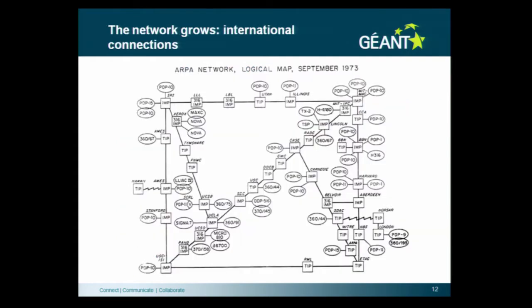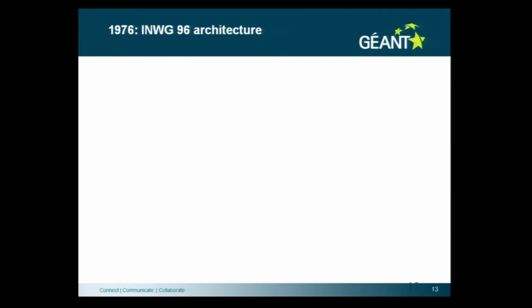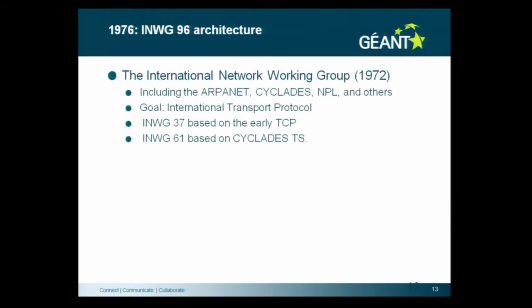So the network grew, had international connections, and in 1972 they started a group called INWG, with people from ARPANET, from Cyclades in France, and from the National Physical Laboratory in the UK. Their goal was to build an international transport protocol, because in London and in the UK there were hosts trying to join the ARPANET.